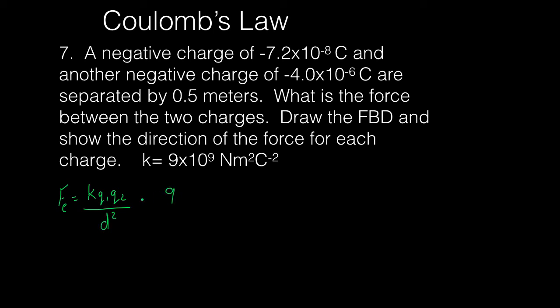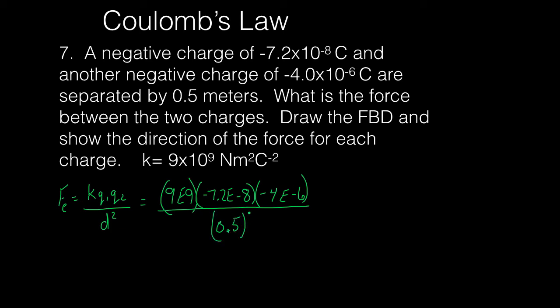So let me rewrite it, now plugging the numbers in. 9 times 10 to the 9th, that's the constant, times Q1, which is negative 7.2 times 10 to the minus 8th coulombs, and Q2 was a negative 4 times 10 to the minus 6 coulombs, all over 0.5 meters, so 0.5. But don't forget to square that.